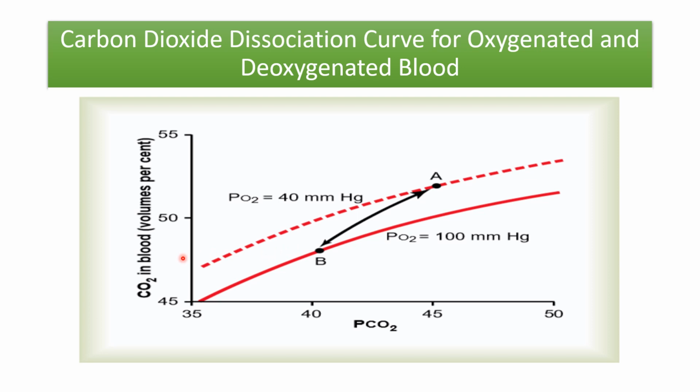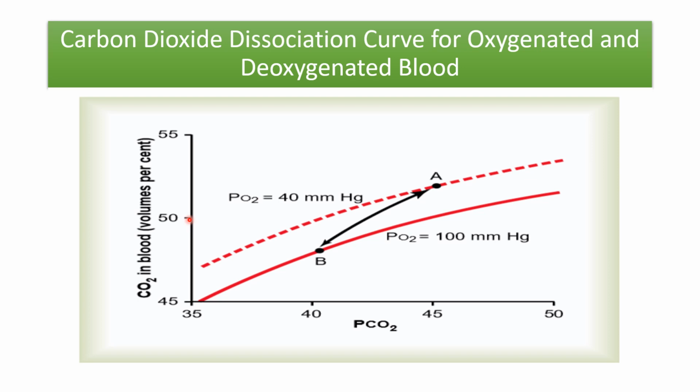Why did it happen? Just because of the Haldane effect. If there was no Haldane effect, go above, like here at B, the 40, when the oxygen was less, 40 mmHg in the deoxygenated curve. Now, what is the content of carbon dioxide? 50 volume percent.